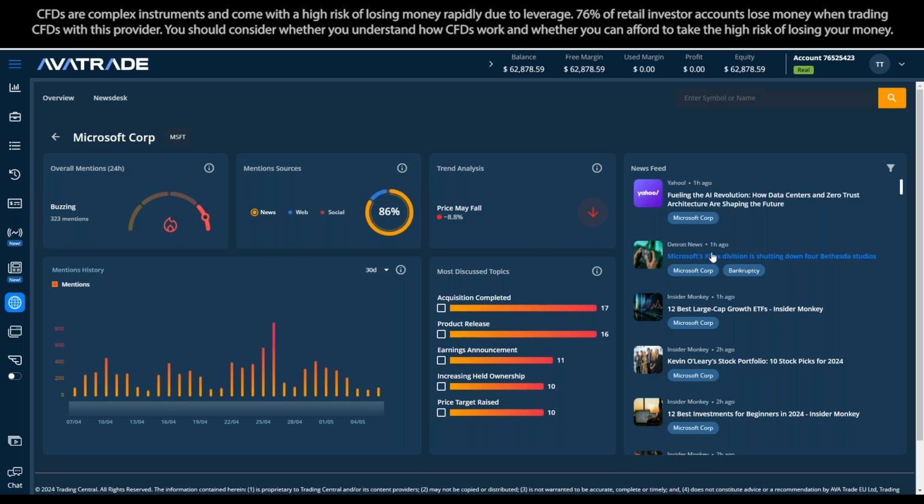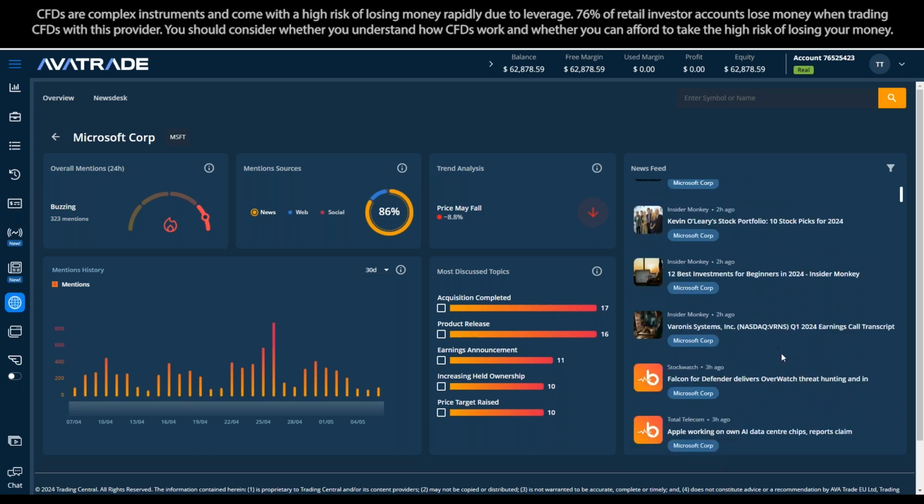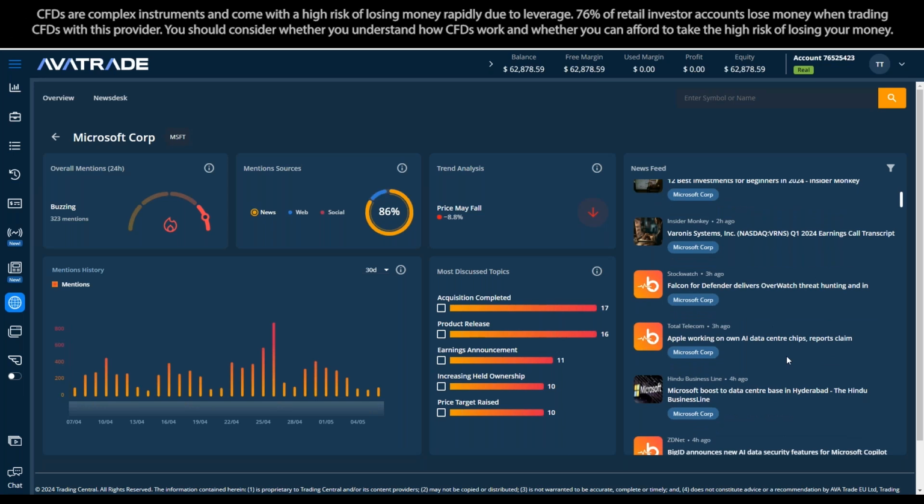We can look at articles to read to see if the fundamental news supports that. You know, we just see a quick article that came out an hour ago. Microsoft's Xbox division is shutting down Bethesda Studios. Well, that doesn't sound necessarily good. And so you can start to click on these links, read the whole articles, find how you feel from a fundamental perspective with the recent news.